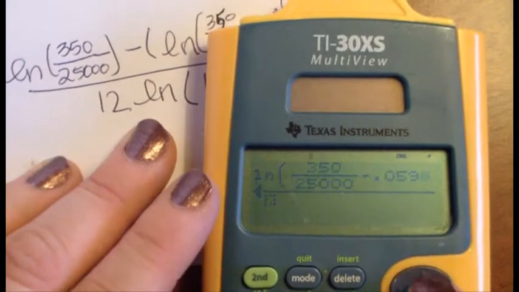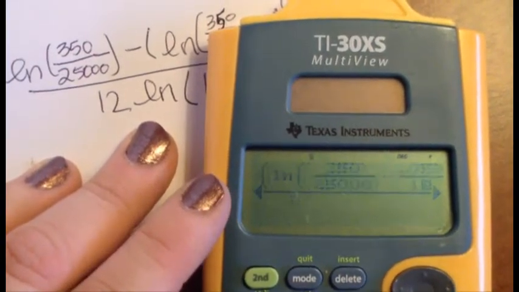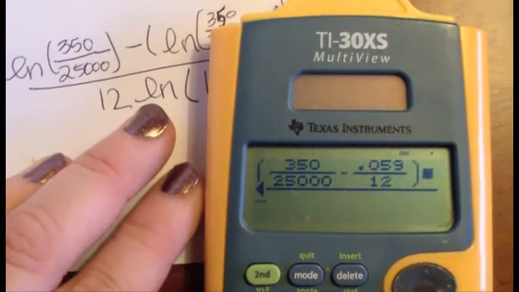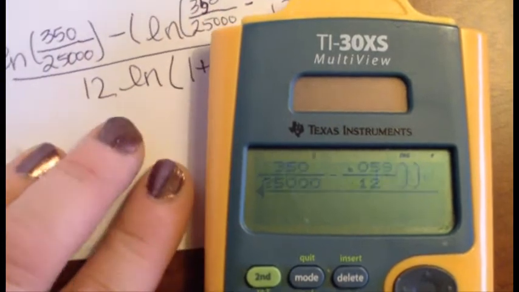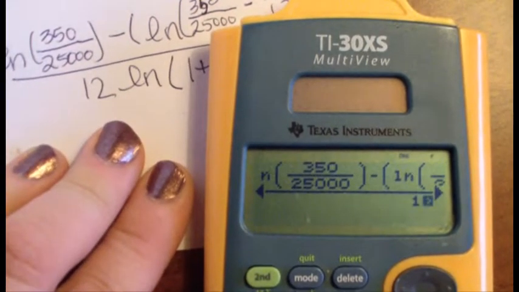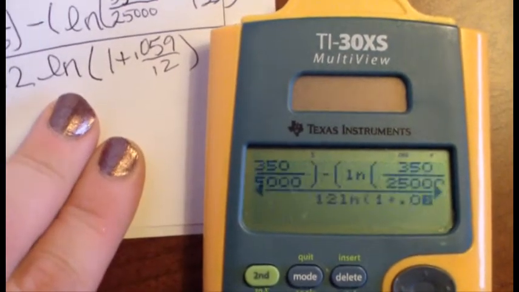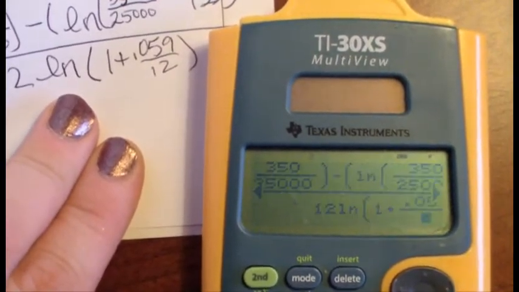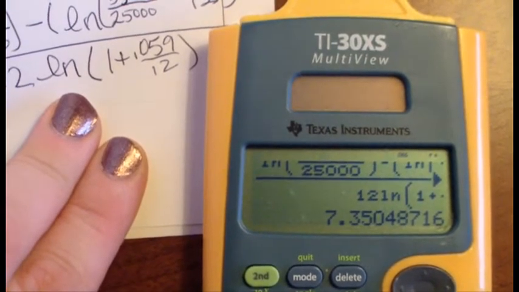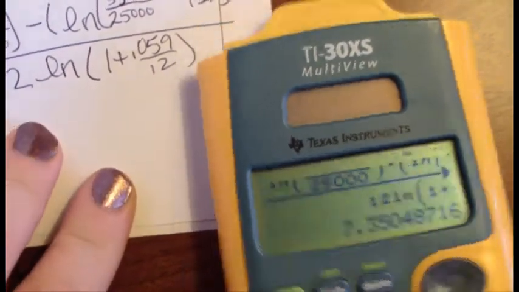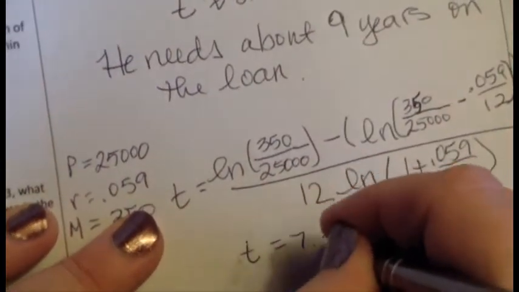Oh, it is minus. I put plus, that's why. Over 12. Oh, close parentheses twice. All right, hopefully this one works. 7.35, there we go. Third time's a charm. All right, 7.35.